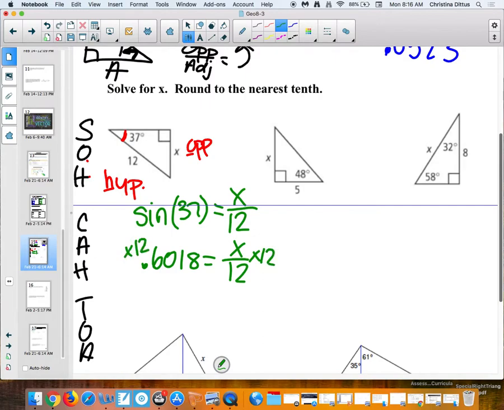Easiest thing to do is just leave this in your calculator so that you don't have rounding errors, and just go times 12. You get what? 7.2. Anybody not get 7.2?